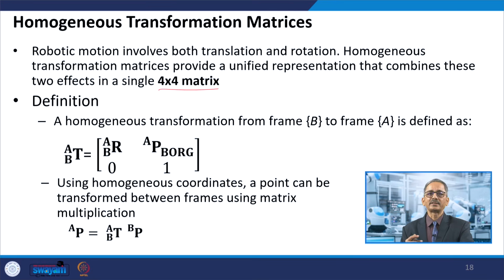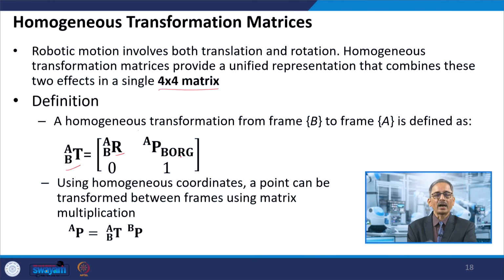So, how does this look? You have a rotation matrix for representation of B with respect to frame A, which is a 3 by 3 matrix. Then you have a description of B origin with respect to frame A, which is 3 rows 1 column, and at the bottom we have 0 0 0 and 1.